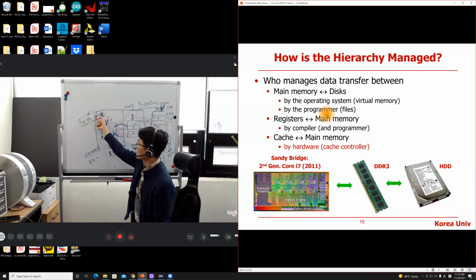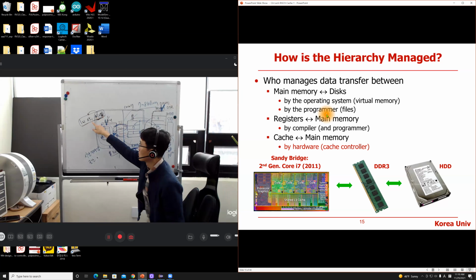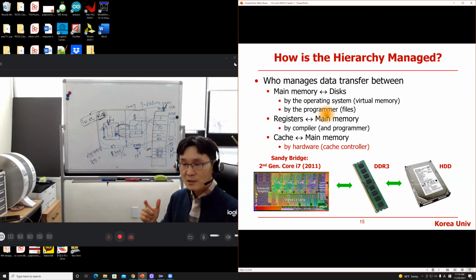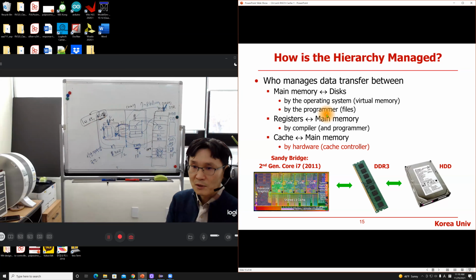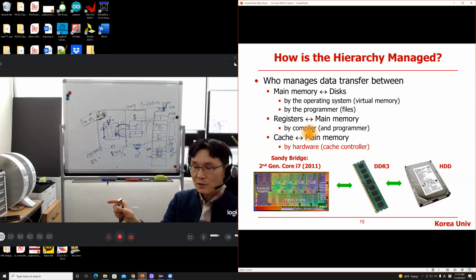I want to read data from that memory location and place it into the X5 register, right? You explicitly specify the memory location and register number, right? So you have to do data transfer management, or the compiler if you use a high level language like C. The compiler will compile your C code into instructions, right? So compiler, or you if you do assembly programming.